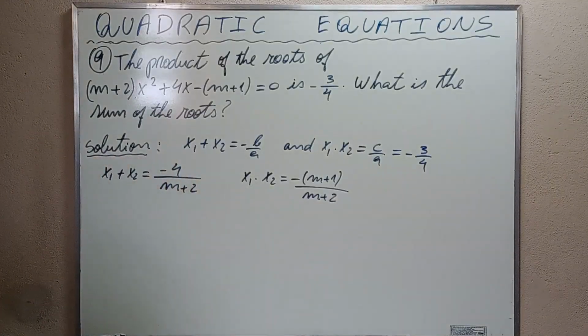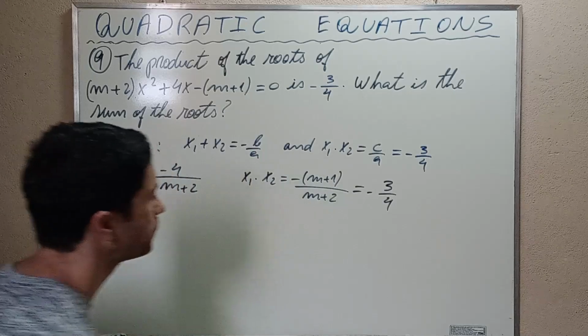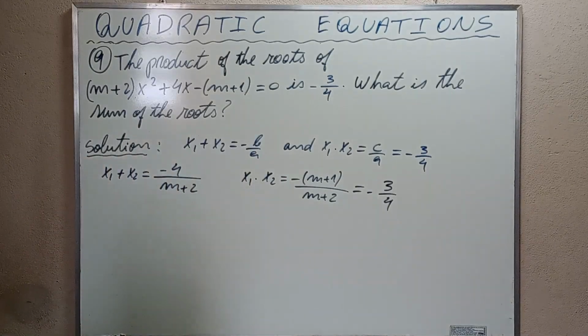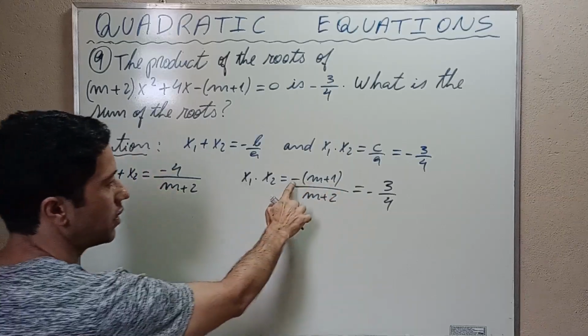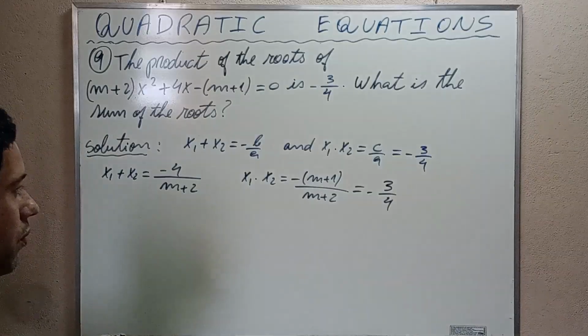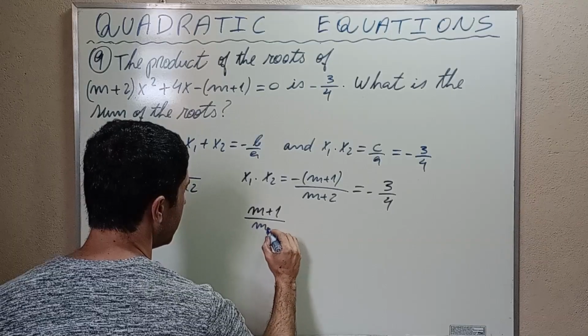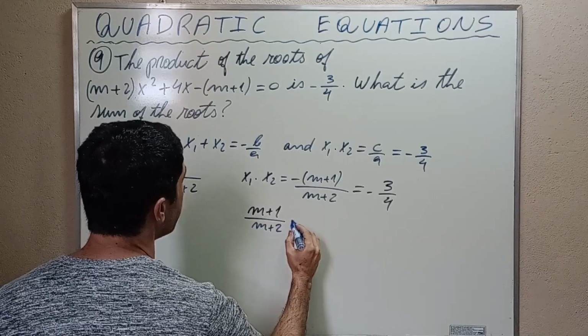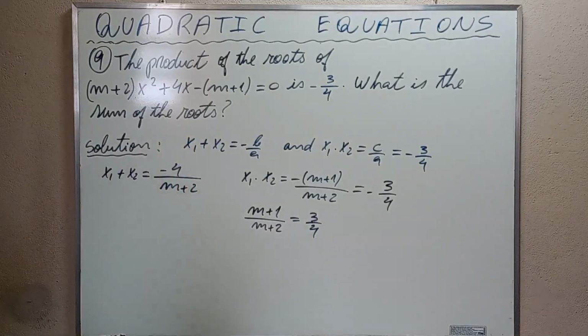This is a, and this has to be equal to negative 3 over 4. We cancel this sign with this sign. Negative with negative is positive. Then we find that m plus 1 over m plus 2 is equal to 3 over 4. Isn't it? Do you agree with me?